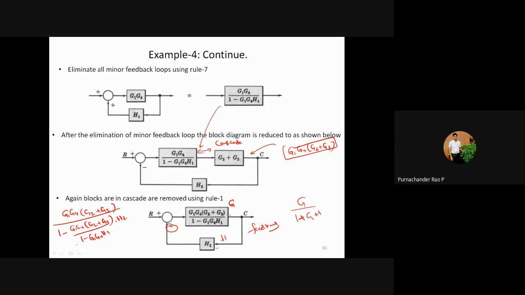Now you can convert this into here, then after that you bring this to numerator value. So that will give you the total block diagram, a single block diagram. It is converted into a single block. Okay, so this is the way of writing. You are reducing the block diagrams into a single block.